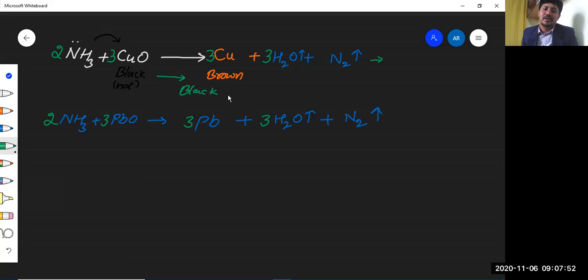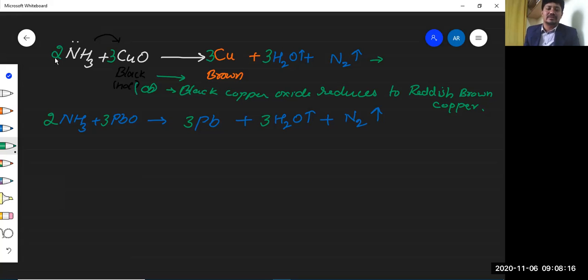Observations are: black copper oxide reduces to reddish brown, or we can say reddish pink or reddish brown copper. So these are your observations, very important. Balancing equations, observations, and action of ammonia are very important.